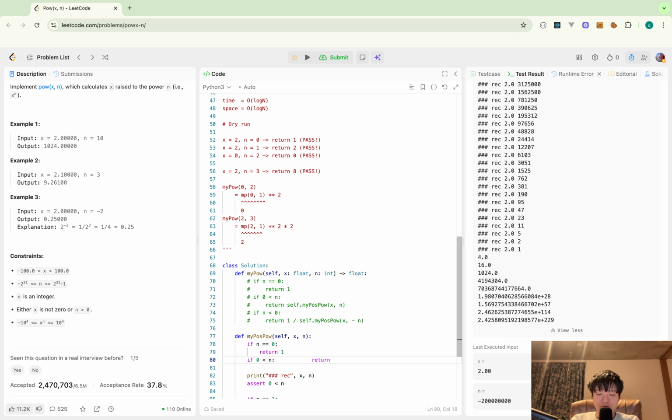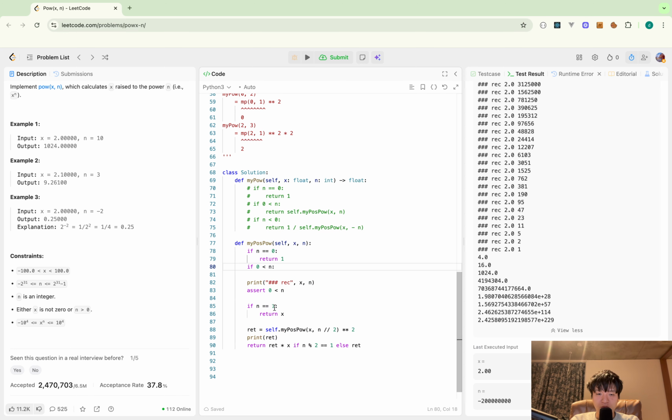If n is larger than 0, I return this result. And if n is smaller than 0, I actually have to return 1 divided by this.